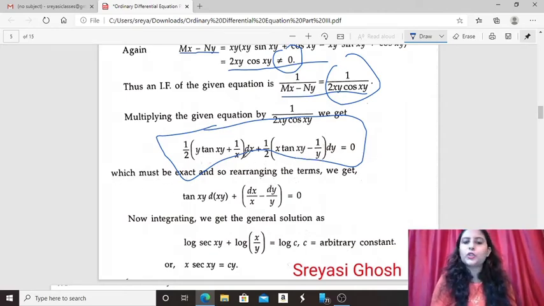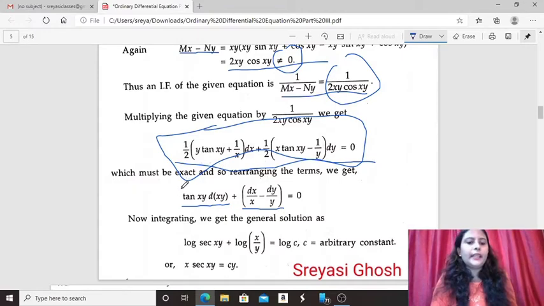Just rearranging this entire equation, all of us can see that this can be written in the form tan xy d(xy) plus dx by x minus dy by y equal to 0.